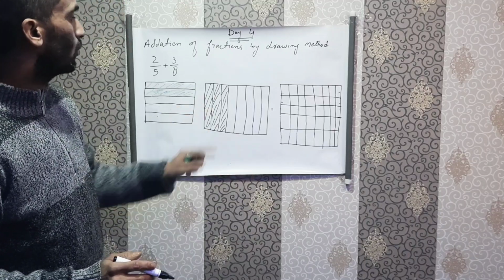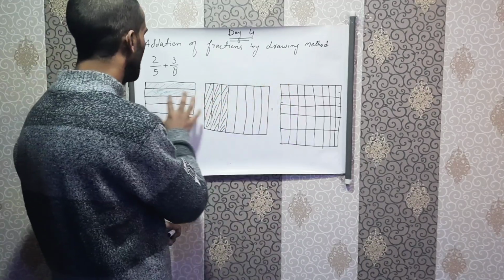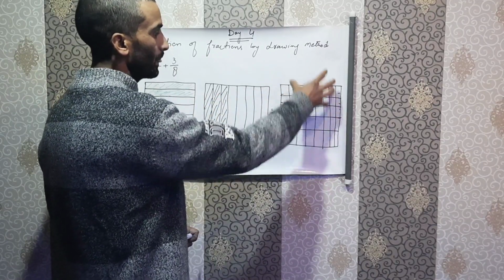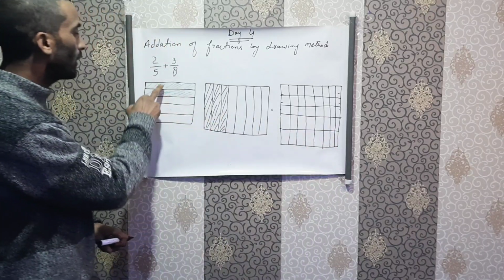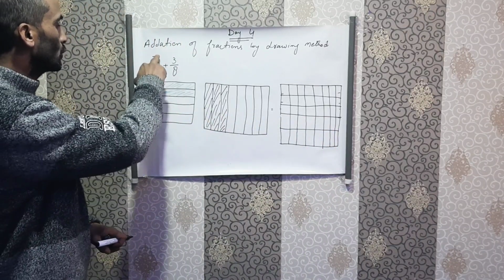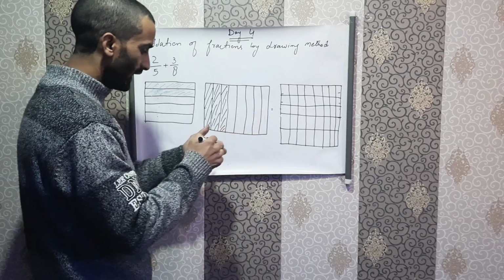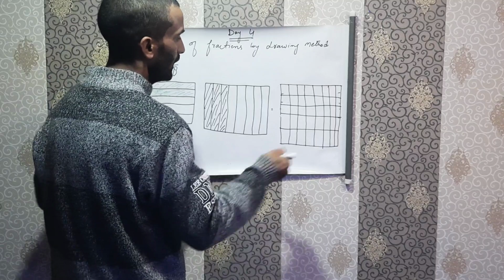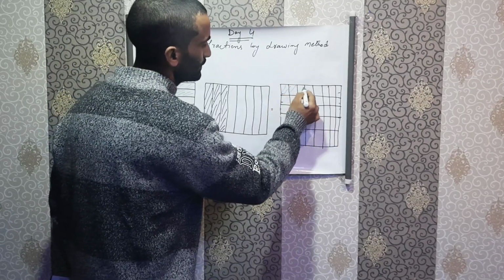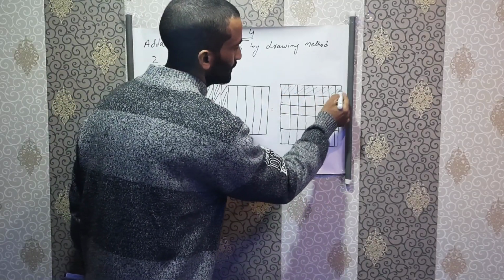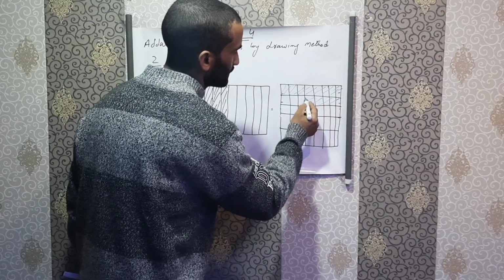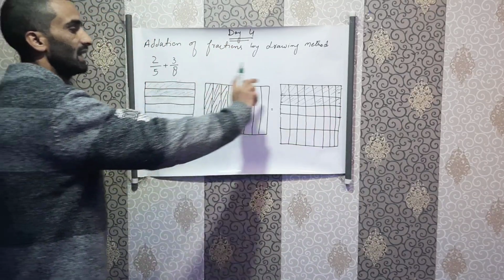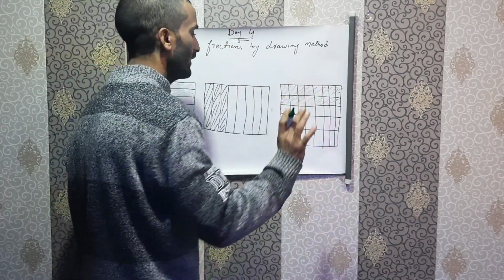And now what we have to do, we have to overlap both. We have to represent both the fractions in another drawing, in another rectangle. First of all, we are going to represent 2/5. So here we are going to shade the two parts which we shaded before. That is one part, this is the second part. Clear, my dear? Whatever we have done there, the same parts we have shaded here.